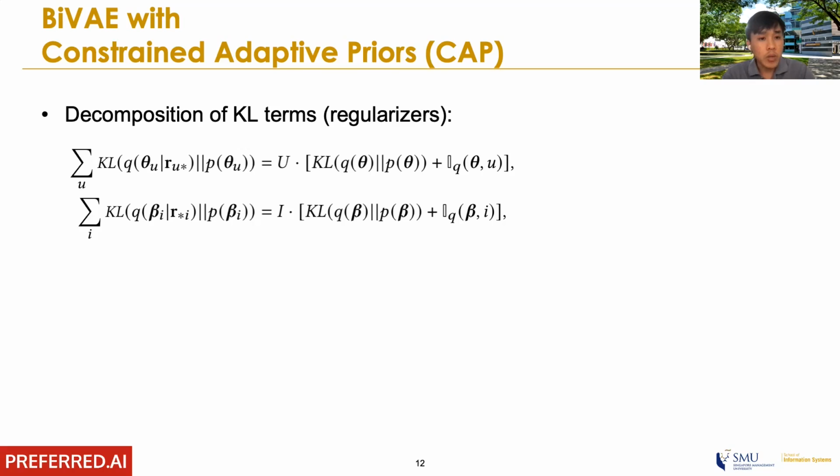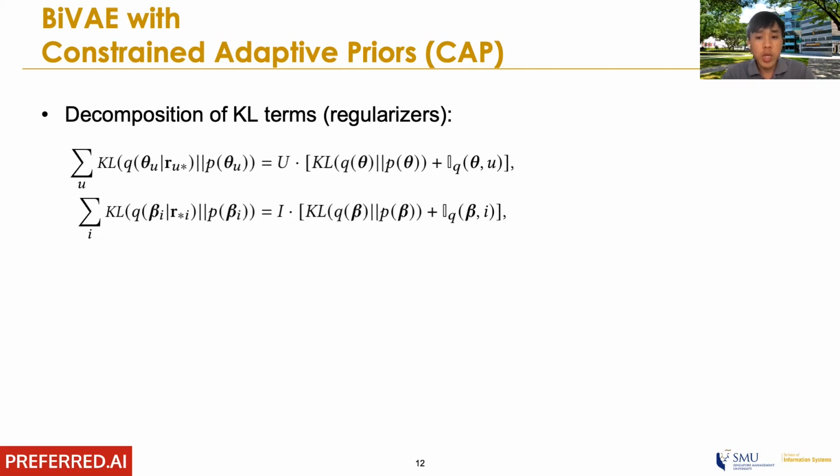We rewrite the KL terms, and we notice that maximizing the ELBO leads to minimizing the mutual information between users and their latent representation. It's the same for items. And that could potentially lead to the posterior collapse problem.